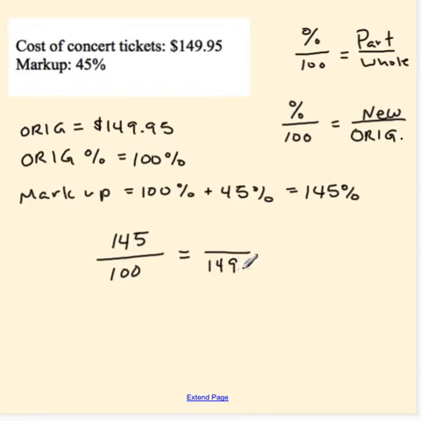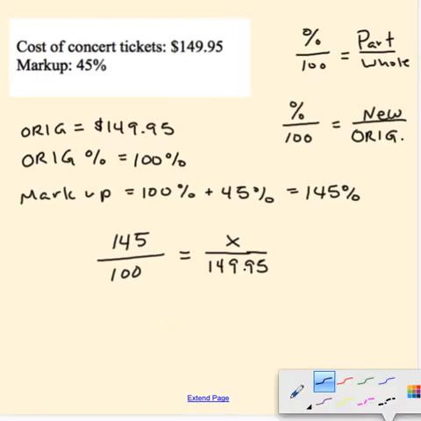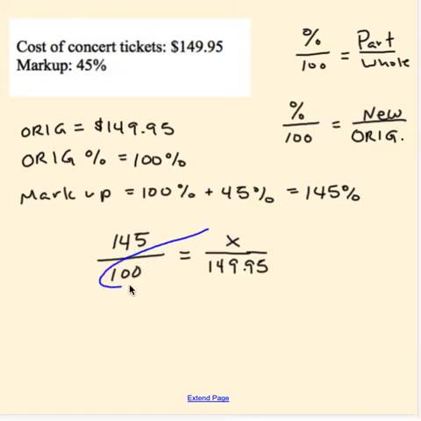So 149.95. Now I don't know what the new price is going to be. I want to find out what it's going to cost after I do the markup. So now I'm going to use the proportion method, and I'm going to cross multiply the denominator by the numerator on this side, and then I multiply this numerator by this denominator.